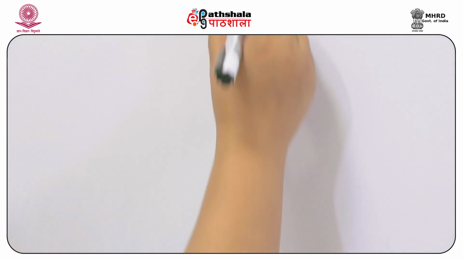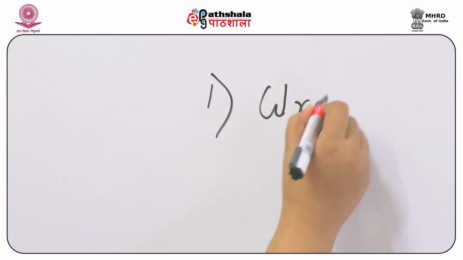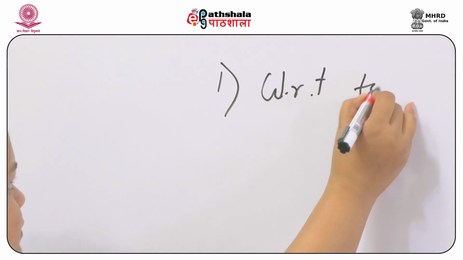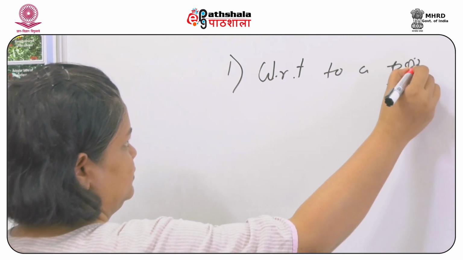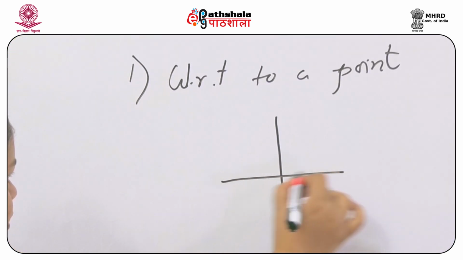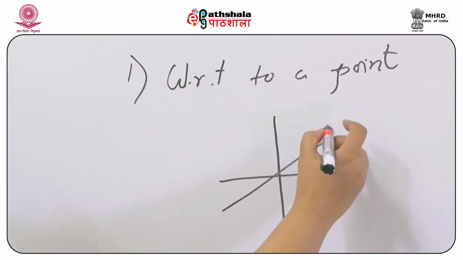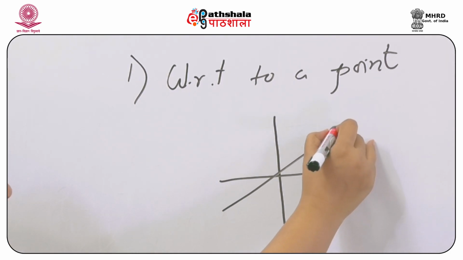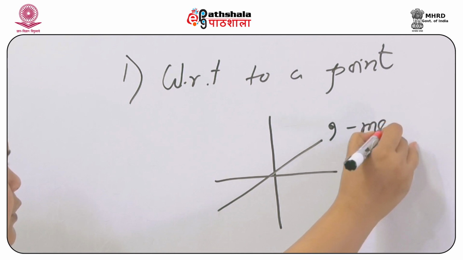So, first is symmetry with respect to a point. Here we have the crystallographic axis. Here we have a motif.